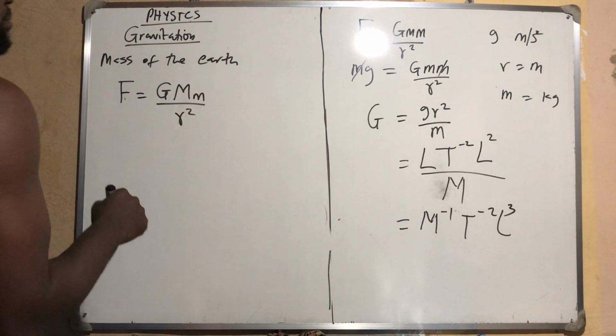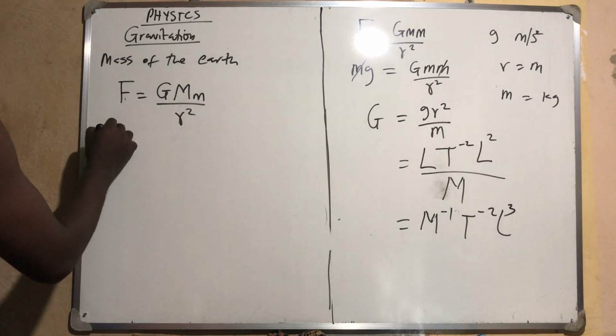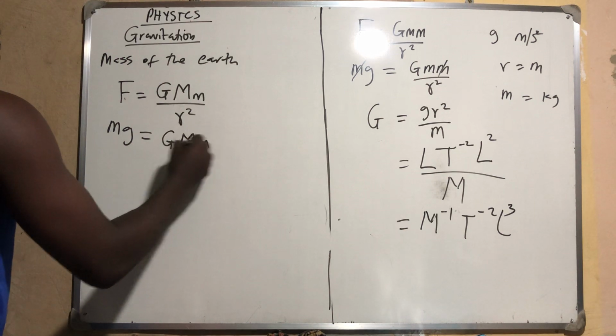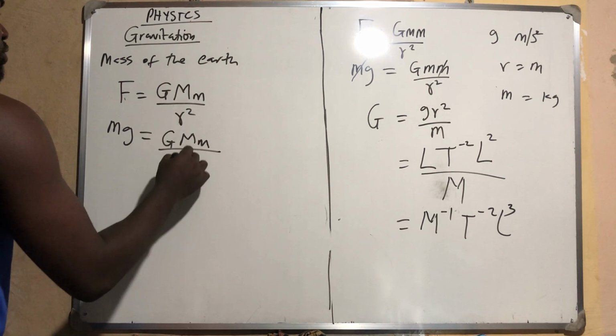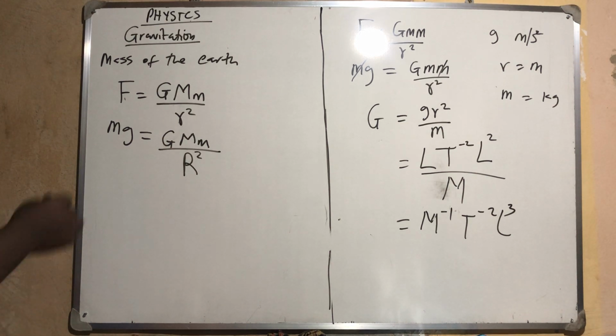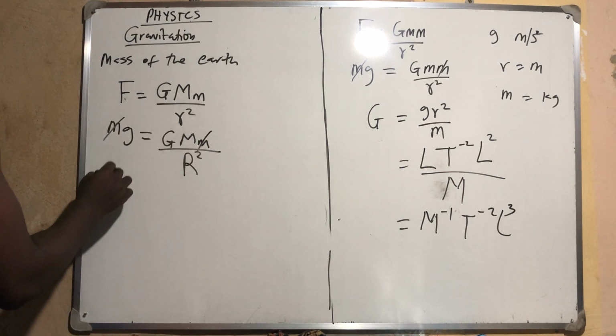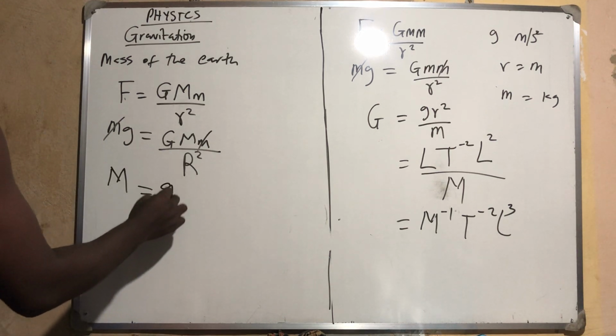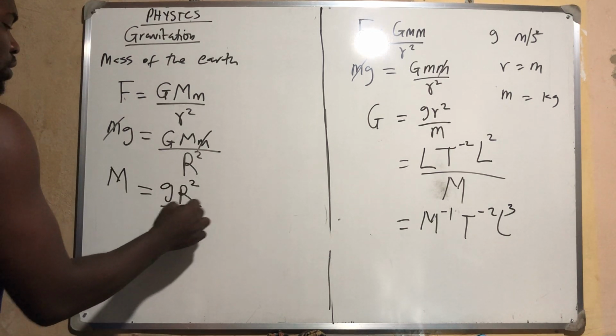But I know that force is mass times acceleration, so I have mg is equal to G m m over, let me change this to the radius of the Earth, R squared. Since I want to calculate the mass of the Earth, this m will cancel this m, so I have that the capital letter M, which is what I'm looking for, the mass of the Earth, will be g R squared all over G.